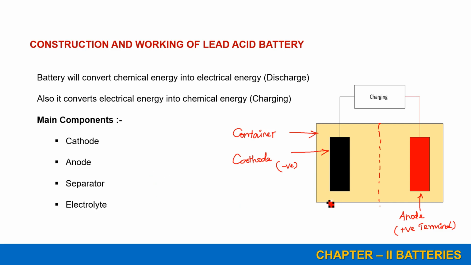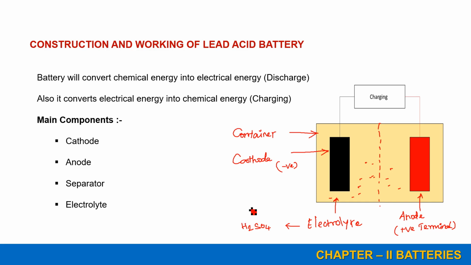And then finally you have the electrolyte. The electrolyte is a solution. The two electrodes are immersed in the electrolyte. For the lead acid battery, the electrolyte is concentrated sulfuric acid. So these are all the main components of the lead acid battery.